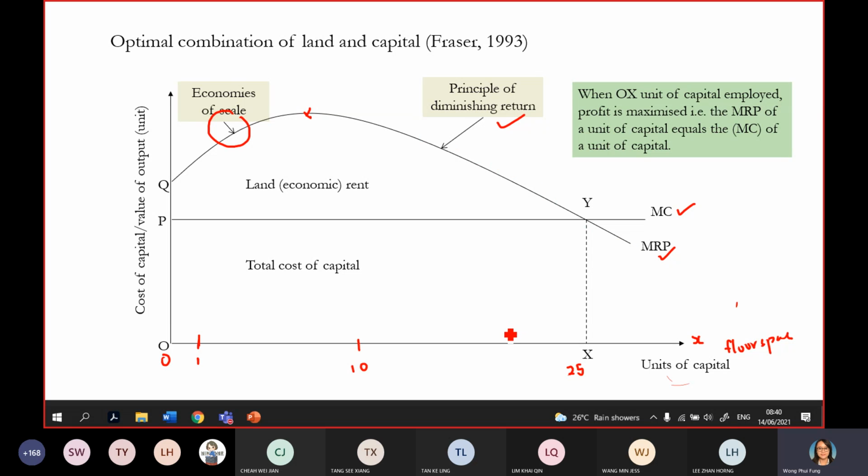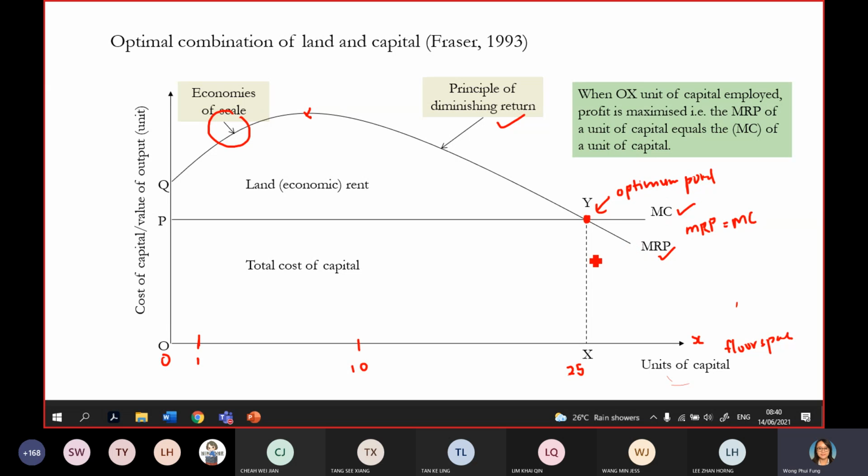Okay, so at what point does the developer need to stop building? That is the magic point, not to say magic lah, the happiness point, when your MRP intersects with MC. This is what we call the optimum point.